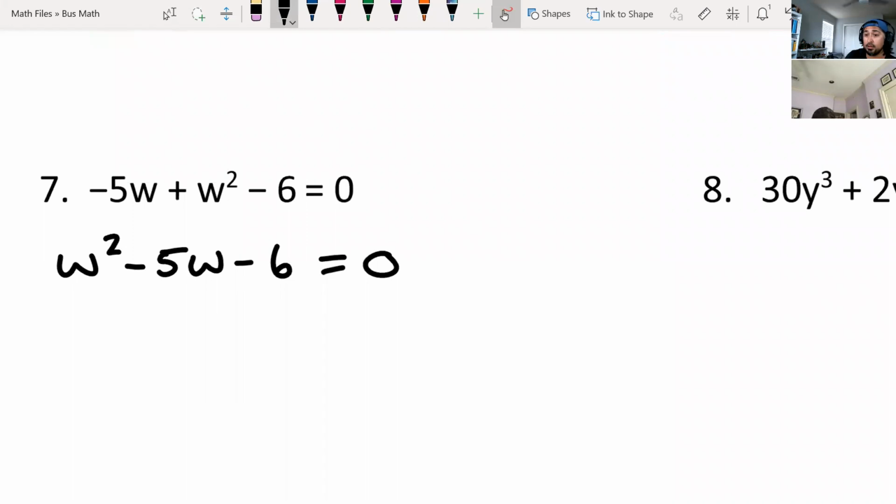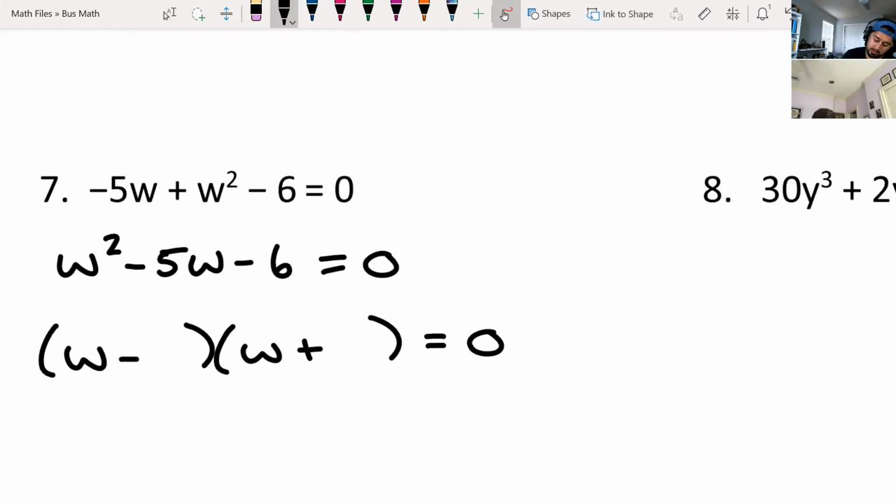My signs here are minus minus, which means that I'll get w minus a number, w plus a number. What are the two factors of 6 that are going to work here? 6 and 1, good. Since the 5 is negative, we're going to have the negative 6 and the positive 1 here.